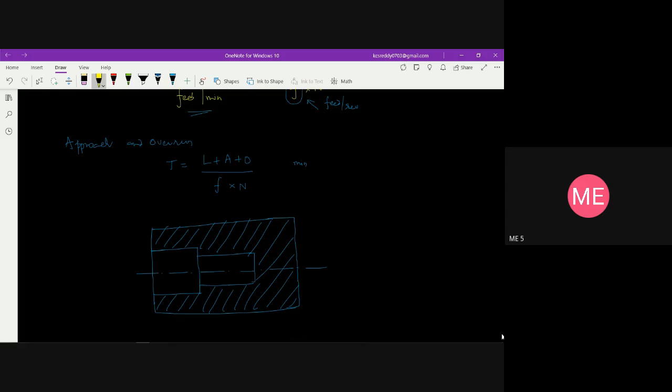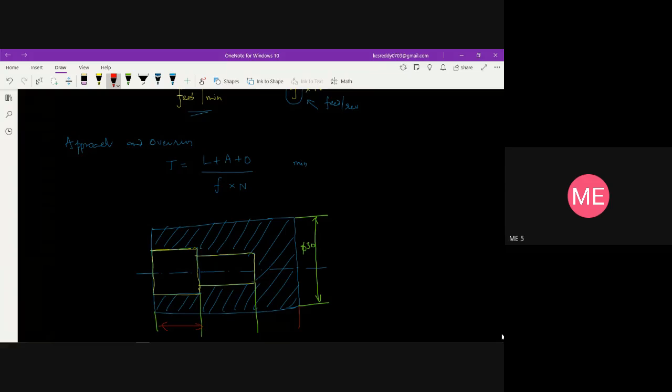So if you take this, like this, okay, I'll give the dimensions of this. The blank which is given to you has a diameter of 30, and the length of this component which you are going to make, say this is up to here, then up to here, you can take as 3 dimensions.